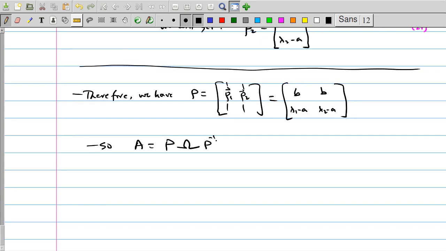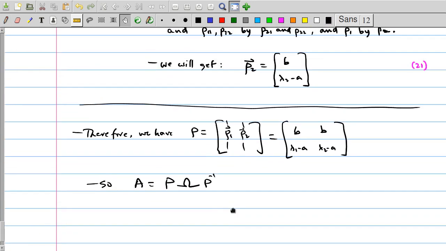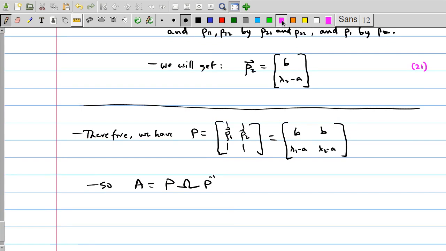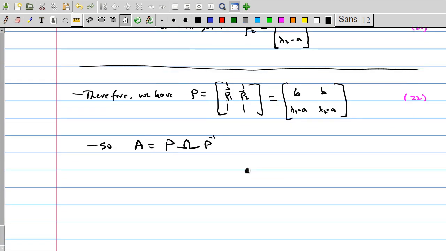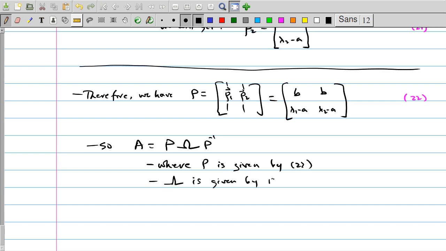All right. So this is 22. Okay, where P is given by 22, capital lambda is given by 12.5. Yeah.